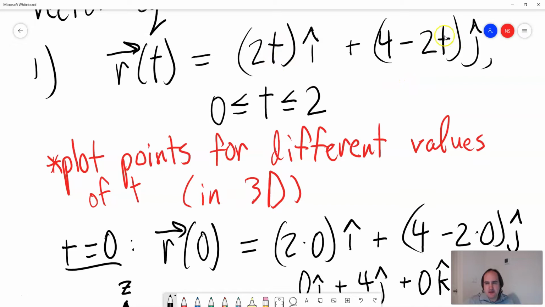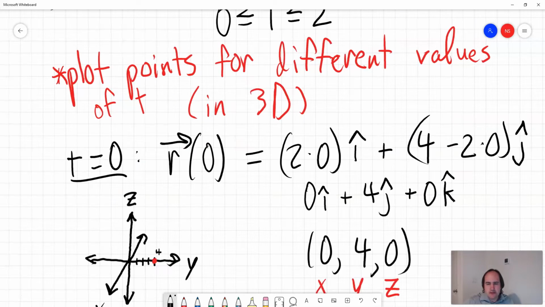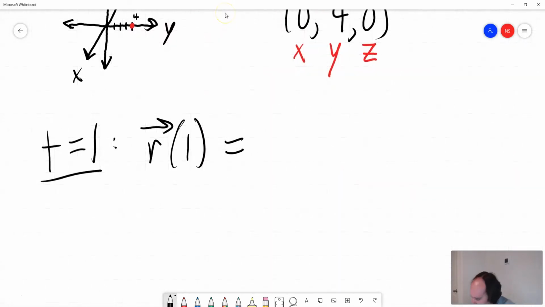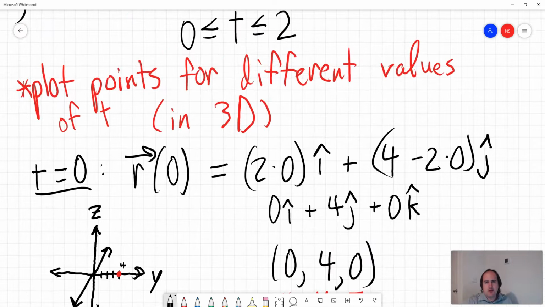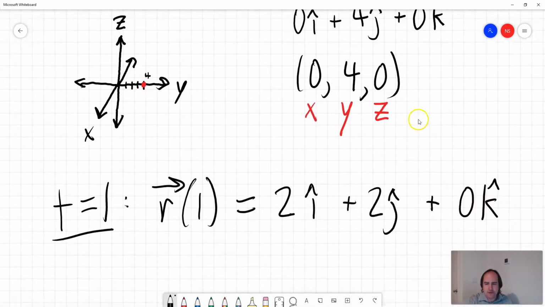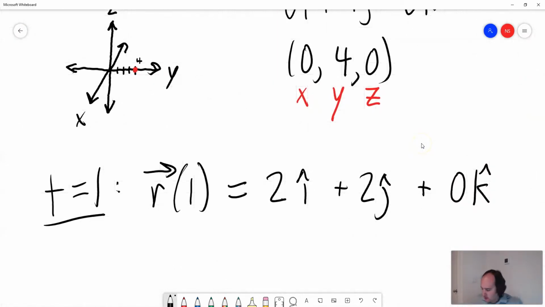Okay, so plugging in 1, we get 2i plus 2j. And then, of course, because k is not there, we have 0k. But I'm going to go ahead and write 0 so that we can plot that point. All right, so our next point that we're plotting here is going to be 2, 2, 0.